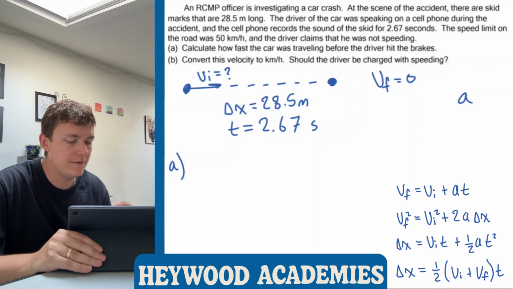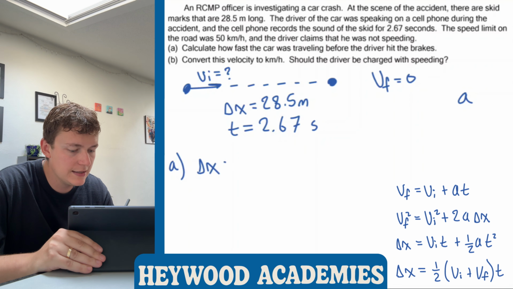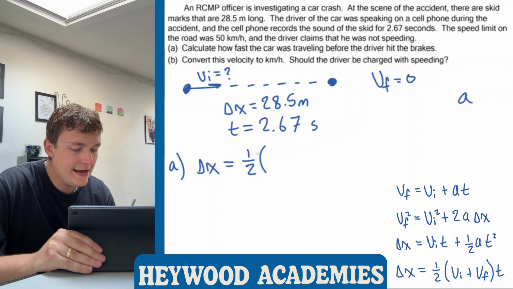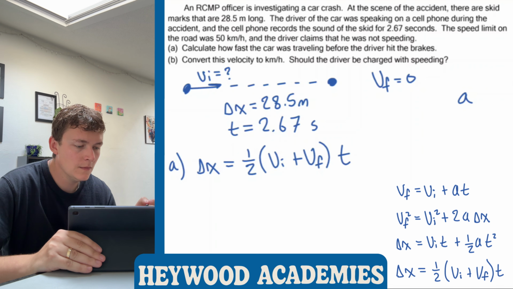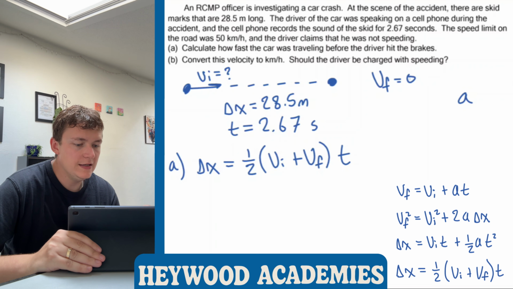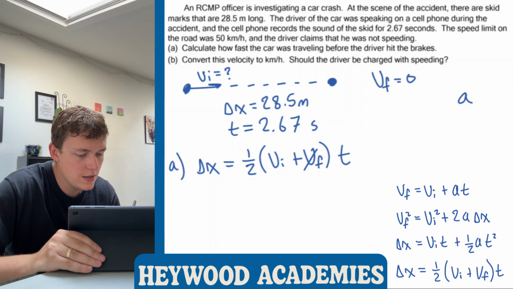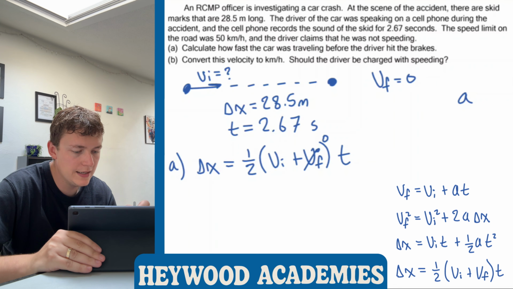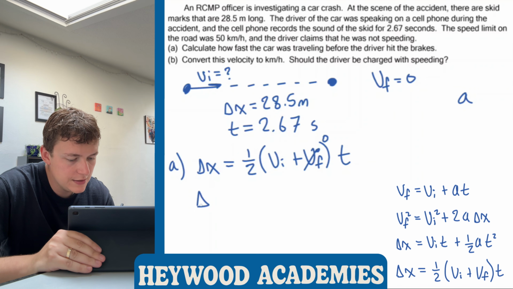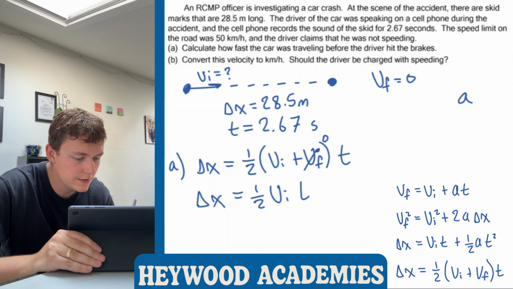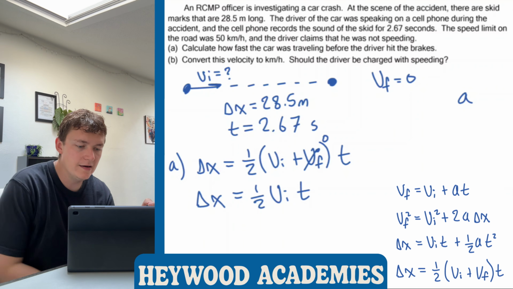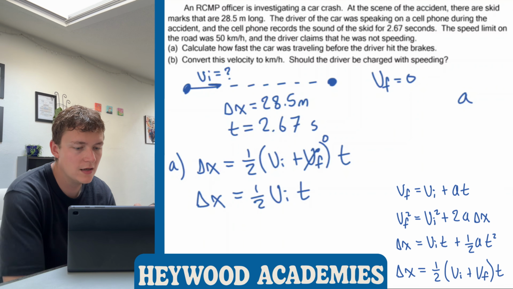This is the one that we haven't used yet: displacement is 1/2 (V initial plus V final) times t. We know the V final is 0 in this case, so we can plug in that 0 right away. That turns into delta x is equal to 1/2 V initial times t. We can drop the brackets there as well since there's no addition anymore.